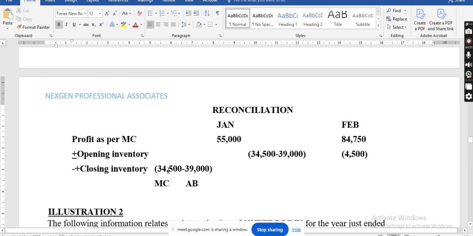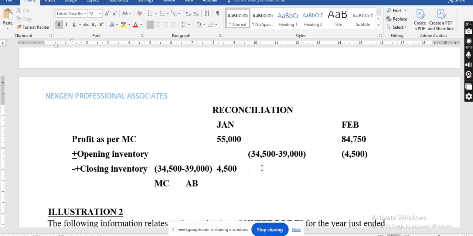The closing inventory of marginal costing is lesser. It's not greater. Is it greater? No, it's not greater than absorption cost. It is lesser. What the law says is that you add. That's why I say plus. You add the difference. Class, what is the difference? 4,500. So you add the difference to your profit.